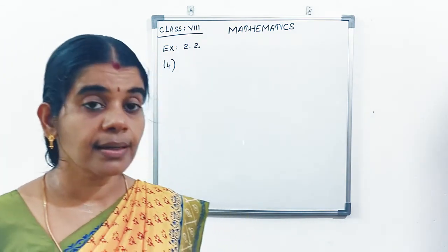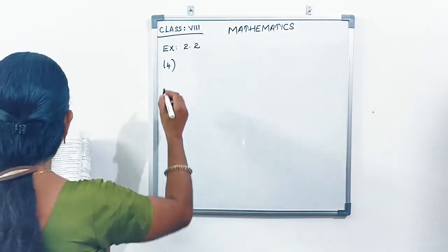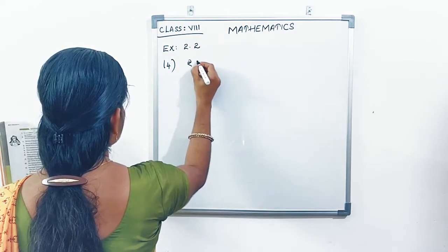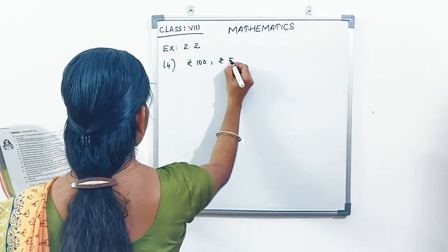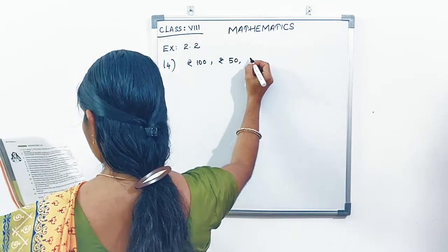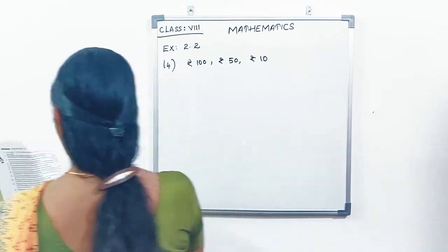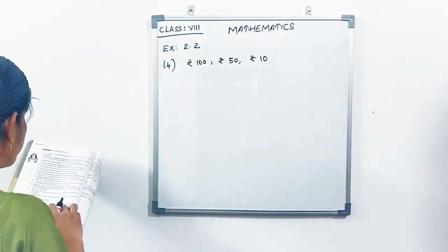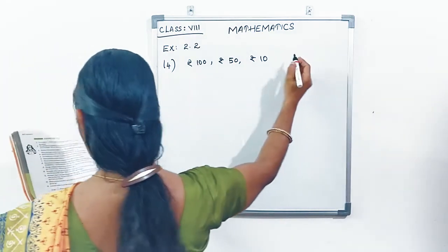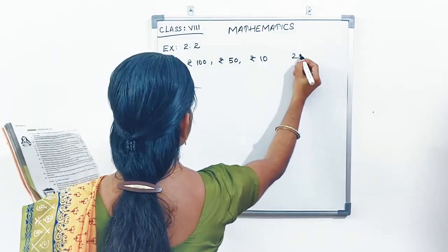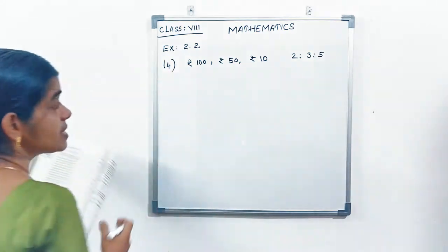Once again, Lakshmi is a cashier in a bank. She has currency notes of denominations 100 rupees, 50 rupees and 10 rupees. The ratio of the number of these notes is 2:3:5.